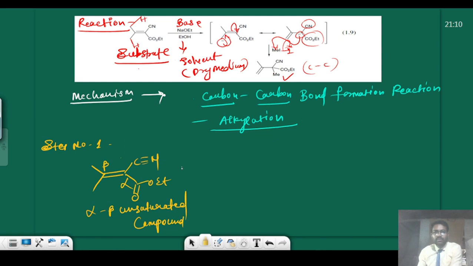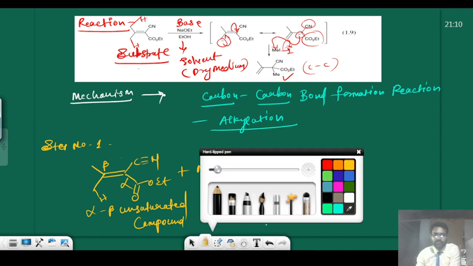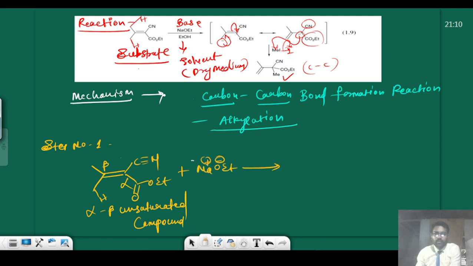In the presence of base, sodium methoxide, what will happen? It will take a proton from one of the two sides. Let us suppose it has taken a proton from this side, like this. This bond will break like this. I will show it in only one step.